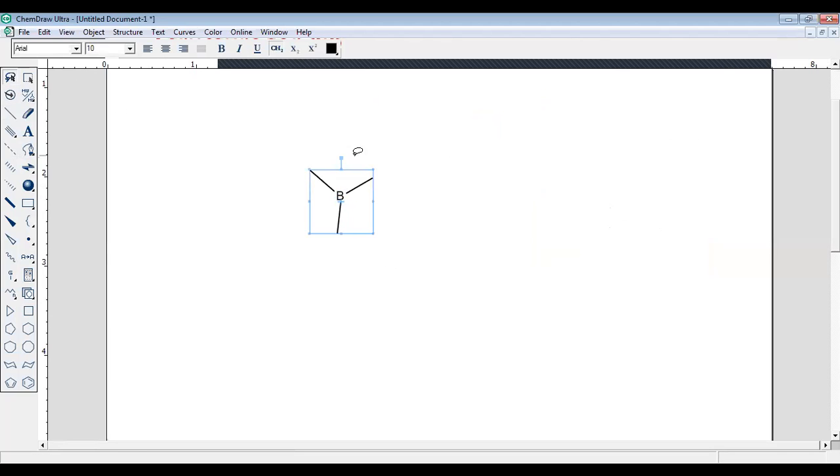Okay, I am writing hydrogen, hydrogen, and hydrogen. So this B, this BH bond means how many electrons? Yes, there are two electrons. So we can write like this.